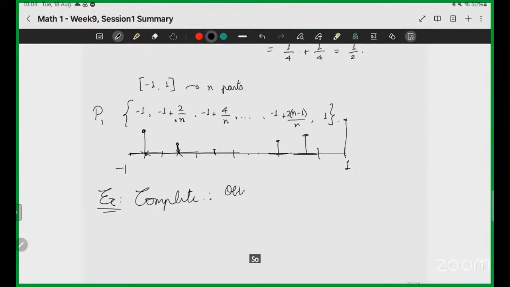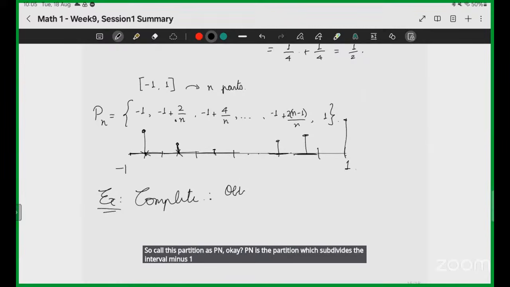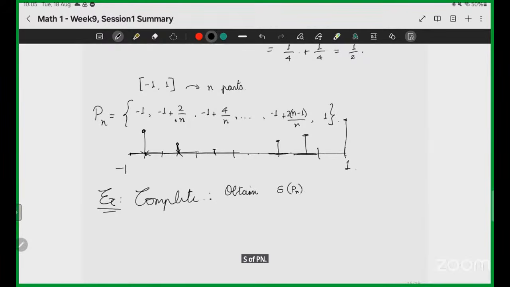So call this partition Pn. Pn is the partition which subdivides the interval -1 to 1 into n parts. So obtain S of Pn. Make a choice of xi star for each of these intervals and then compute the Riemann sum.